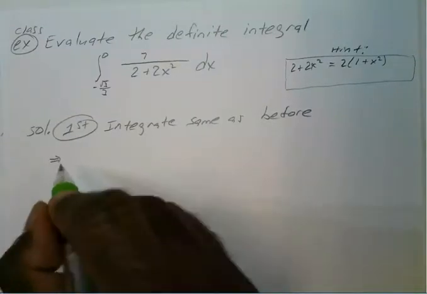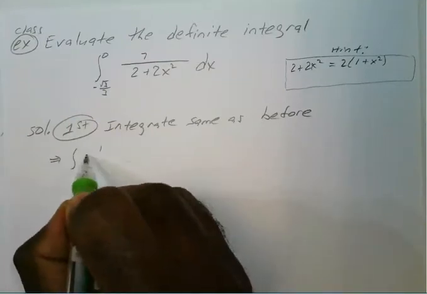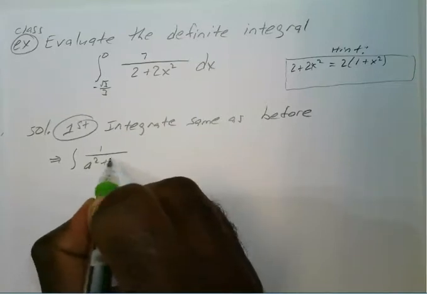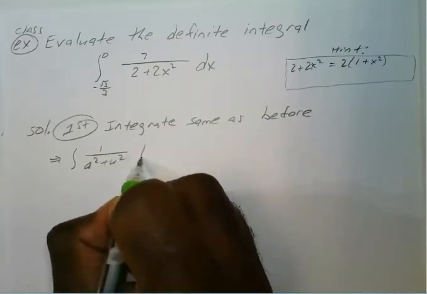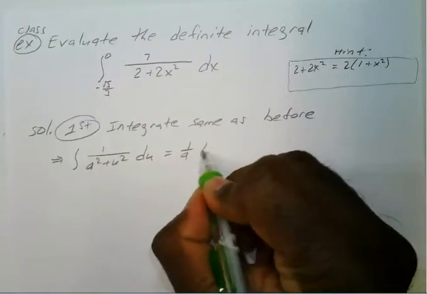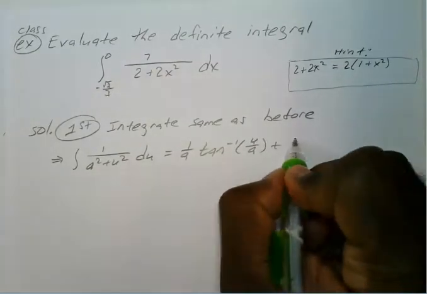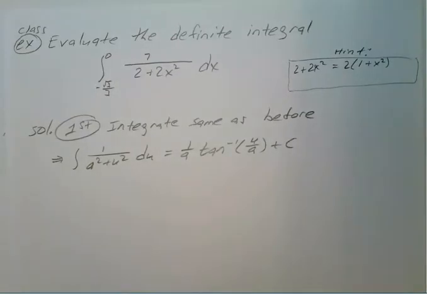So we know that this looks a lot like the integral of 1 over a squared plus u squared du is equal to 1 over a tangent inverse of u over a plus c. Looks a lot like it.